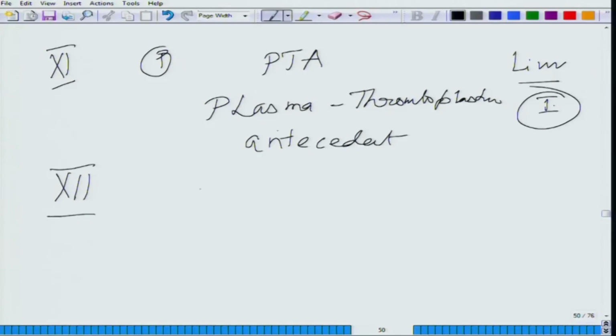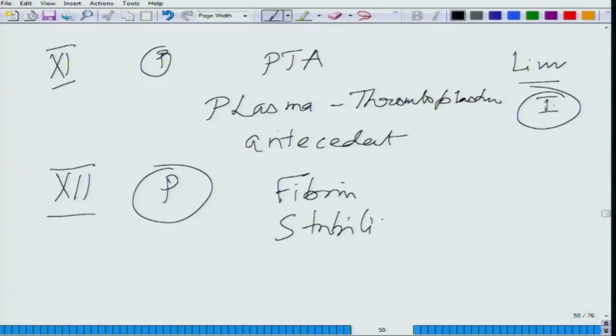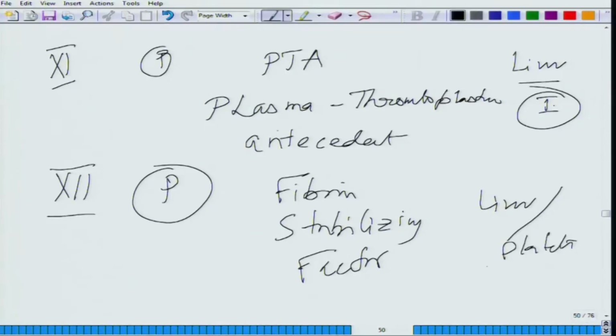And then you have the last, factor 12, which is called fibrin stabilizing factor, which is produced by the liver and the platelets.